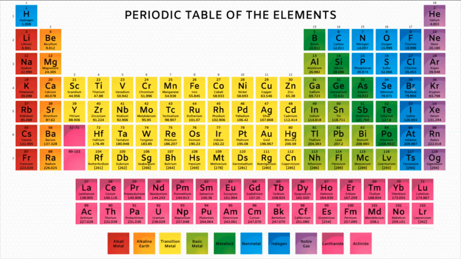So yeah, those are our groups and periods. Remember that the groups are families. They go up and down, and they actually tell you that everything here is related and has something in common. Remember also that this tells us the number of valence electrons.